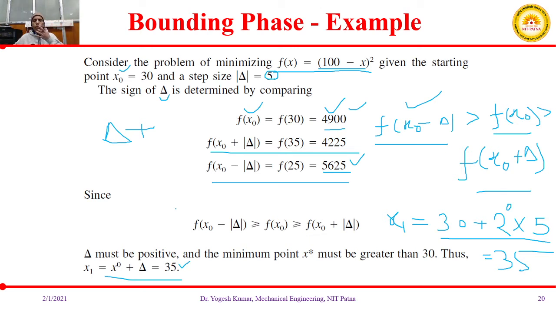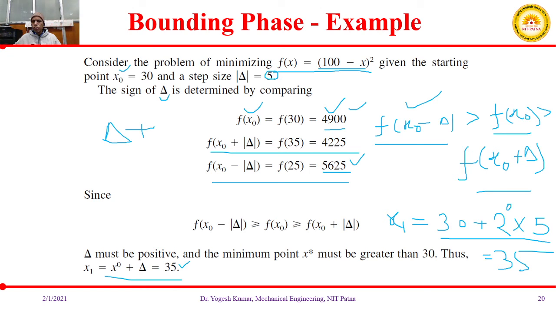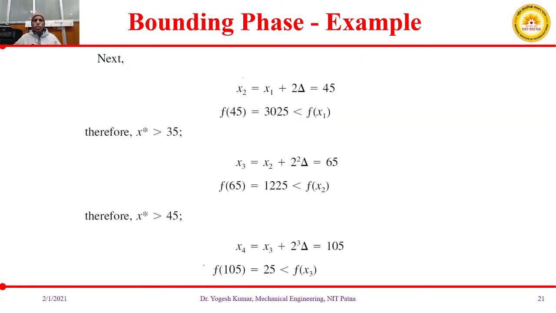Now we will again apply this algorithm and calculate the next position. Thus we have taken x1 equal to 35.